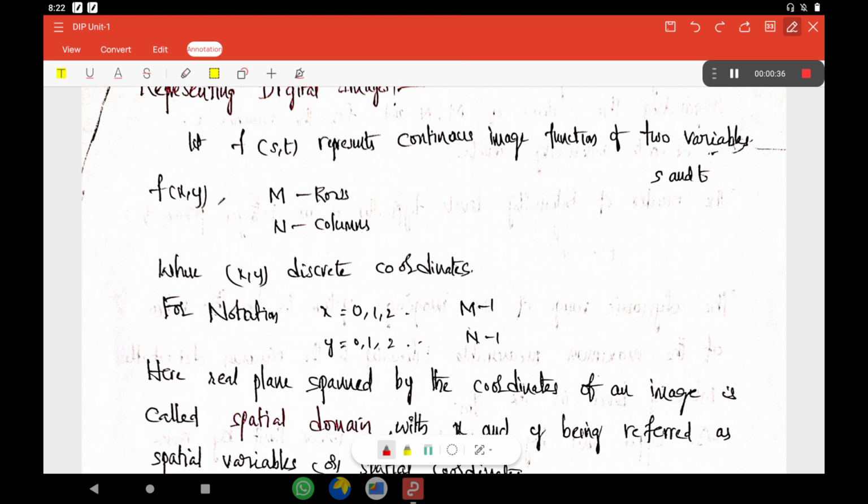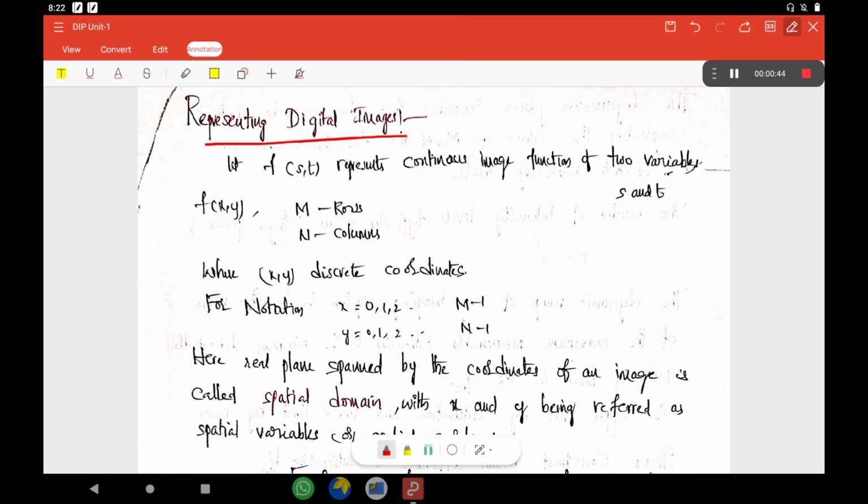Representing digital images. Let us first consider f of s comma t, which represents a continuous image with two variables, s comma t.